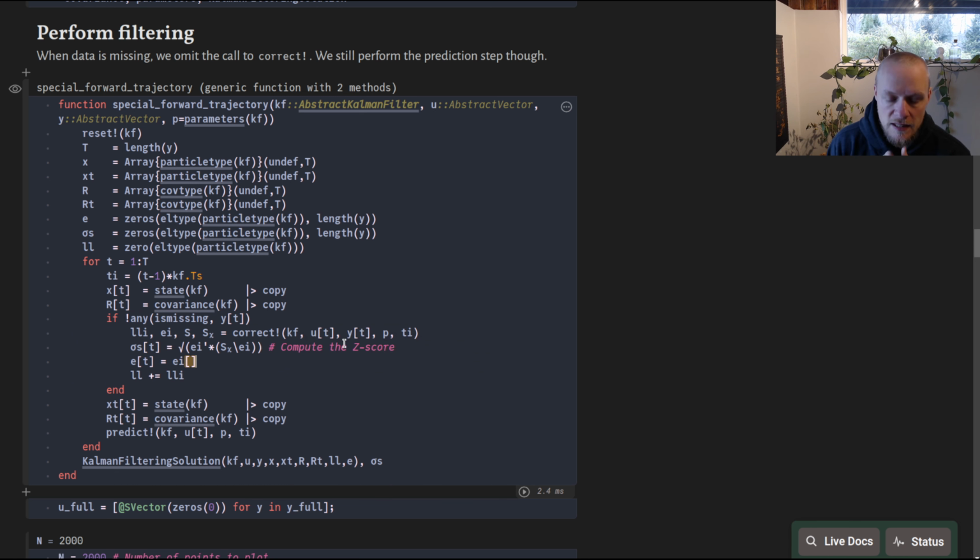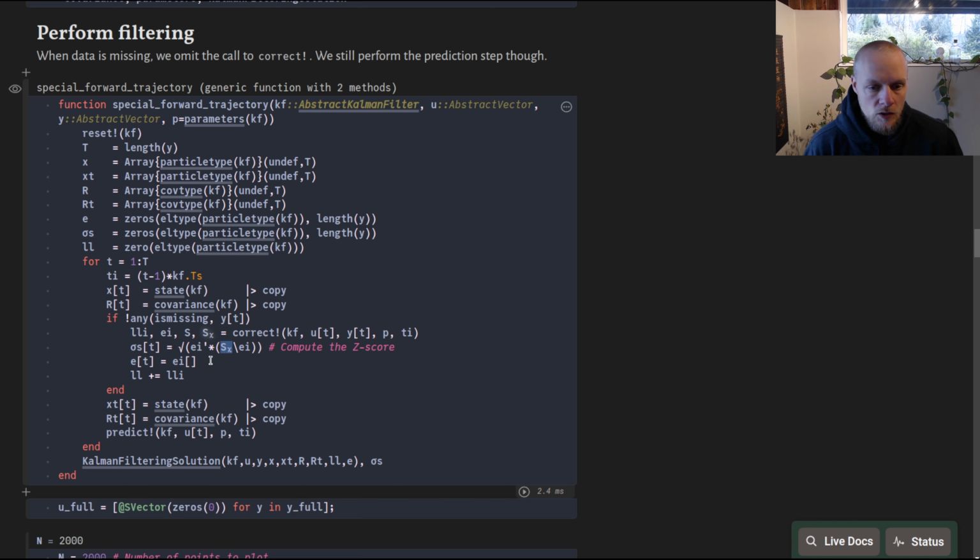So the Z score is roughly how many standard deviations the prediction error is away from what we would expect. So the prediction error has a certain value, and it has a certain covariance associated with it. So we measure the prediction error in terms of the covariance associated with it.